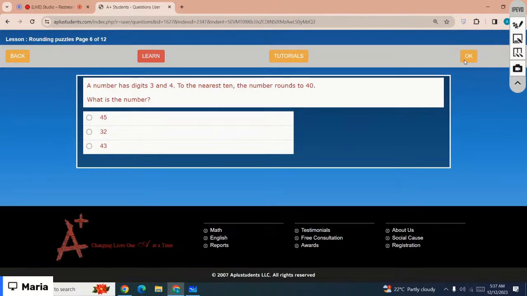A number has digits 3 and 4. To the nearest 10, the number rounds to 40, which is the correct option.